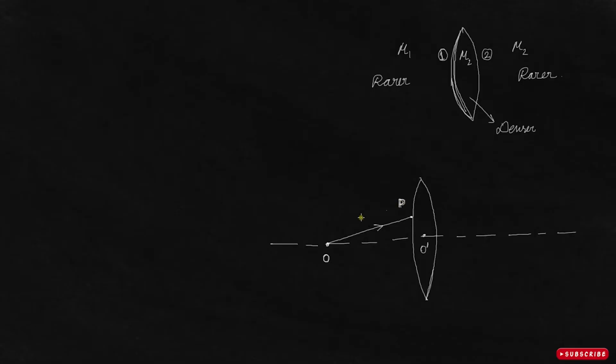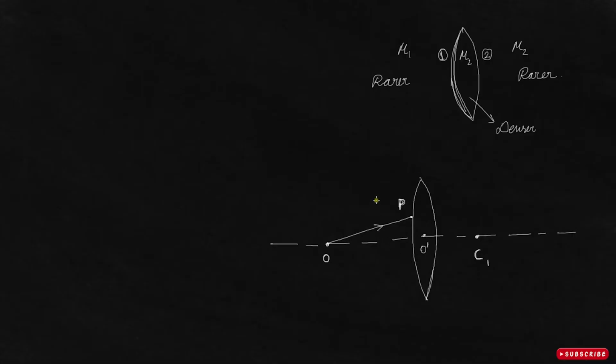At the point P, it will undergo refraction. So before that, I have to draw the normal at the point P. Since this is the first surface, when you extend this, it will be a circle. In 3 dimensions it is actually a sphere, but in 2 dimensions it is a circle. So its center will be somewhere here. Let's mark that as C1, the center of curvature of the first surface.